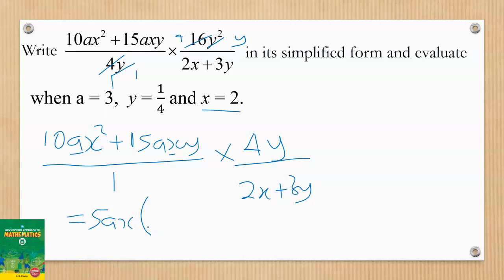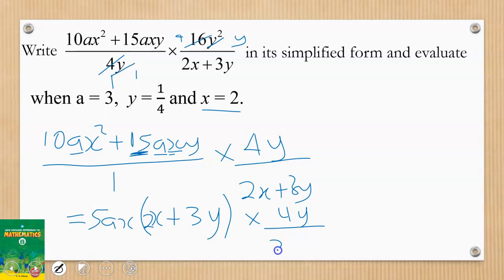We have 2x left, plus, since 5 is out, there will be 3 here. a is out, x is out, 3y is left, times 4y, all divided by 2x plus 3y, and here is over 1.